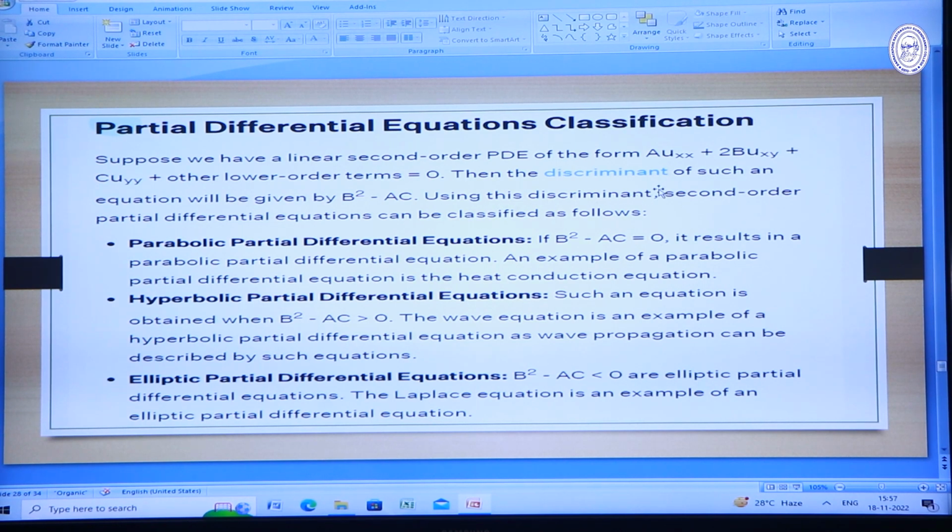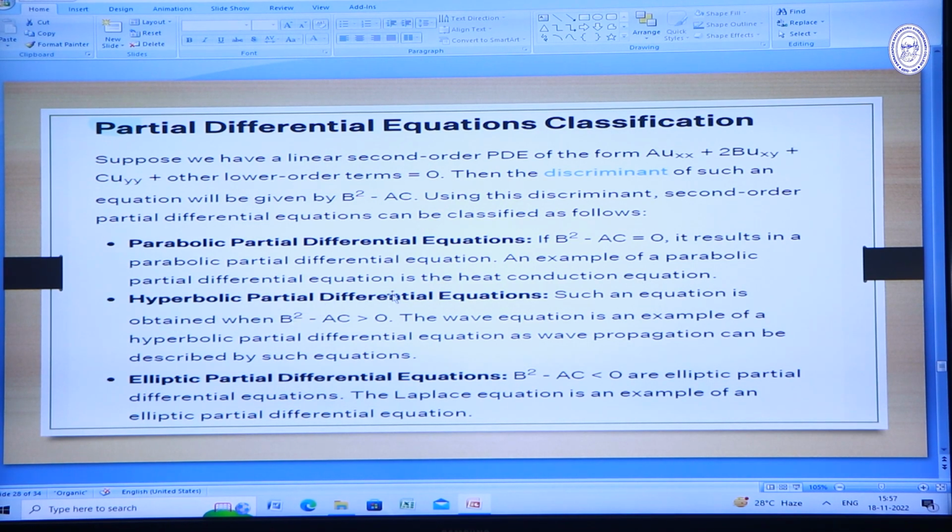Using this discriminant, a second order partial differential equation can be classified as follows. Parabolic partial differential equation: if b square minus ac equal to 0, it results in a parabolic partial differential equation, and an example is the heat conduction equation.